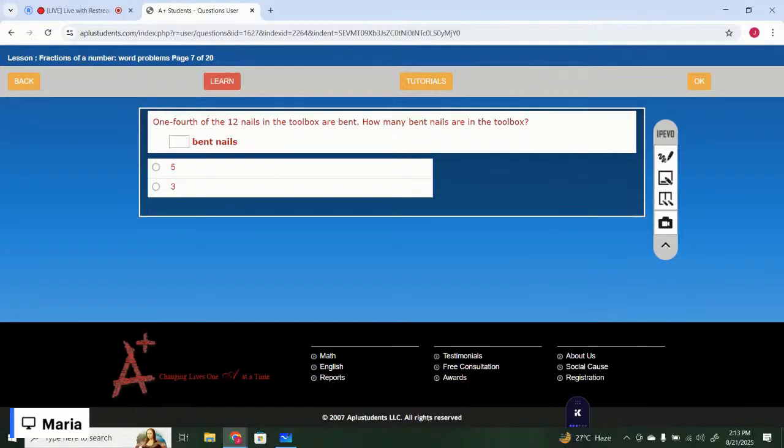One fourth of the 12 nails in the toolbox are bent. How many bent nails are in the toolbox?